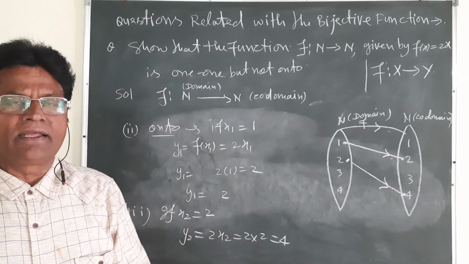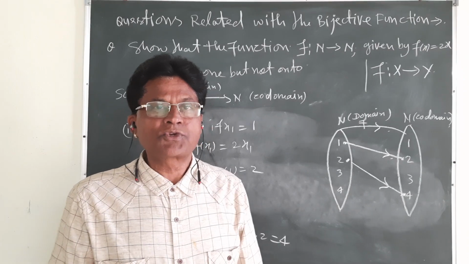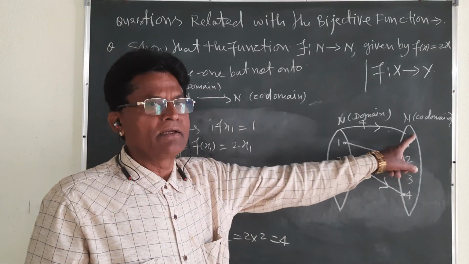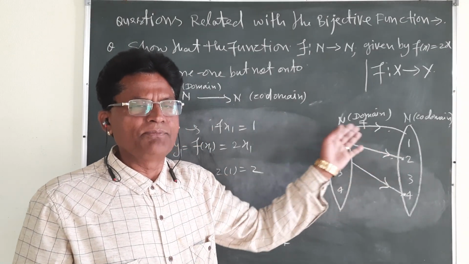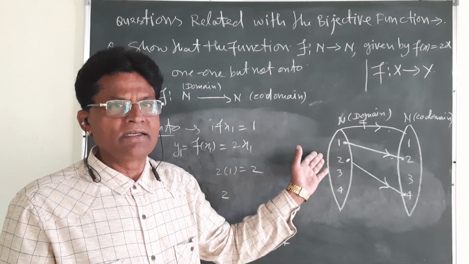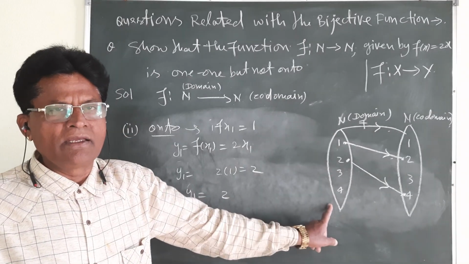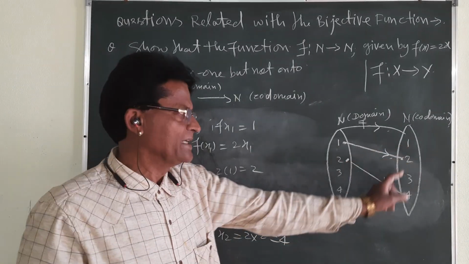And I told you regarding the onto function. Onto function means there should not be an element in y which does not have the image with some element of x. That is why there is no value of x in the domain which will be equal to 1 as well as 3.